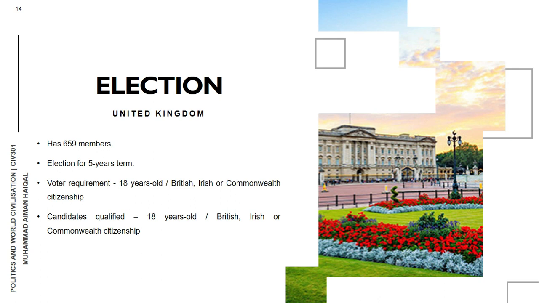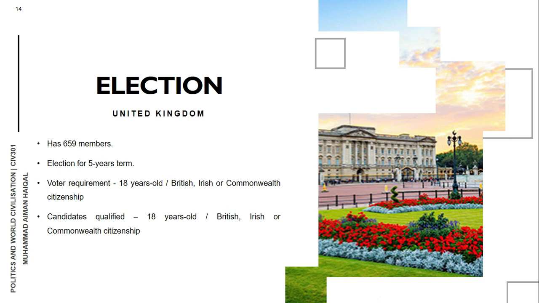Members of parliament are elected by the electorate to represent the interests of their electoral district in the House of Commons. In the general election, the 46 million voters of the United Kingdom are invited to vote for their own seats.